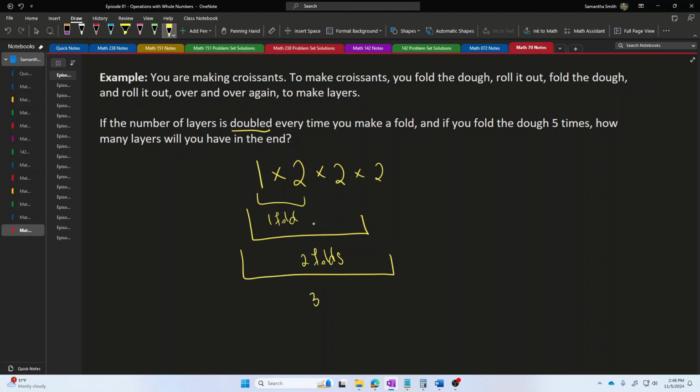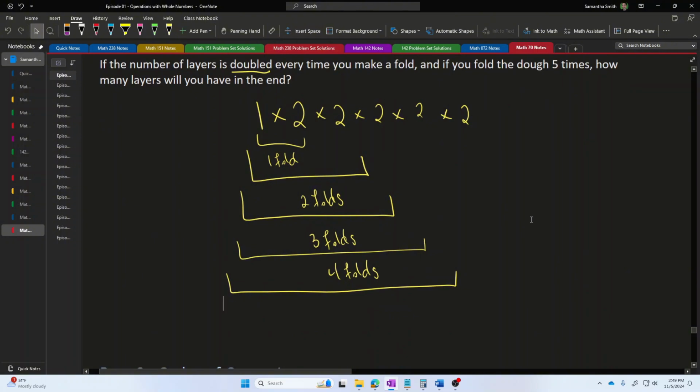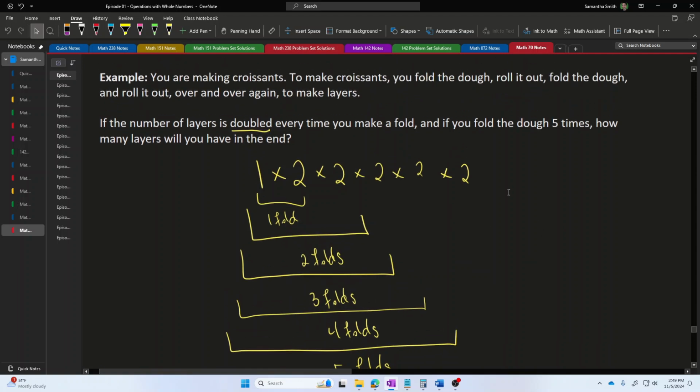Now I'm up to 3 folds. Then I double it again if I make 4 folds. Then I double it again if I make 5 folds. So what I have written down here from folding the dough 5 times is 1 times 5 copies of 2.